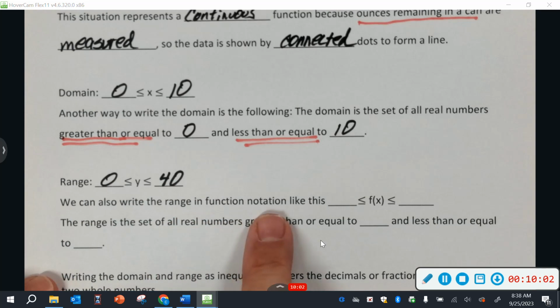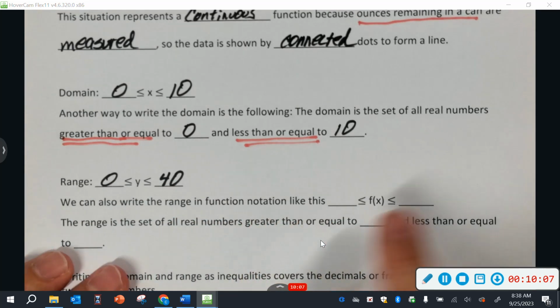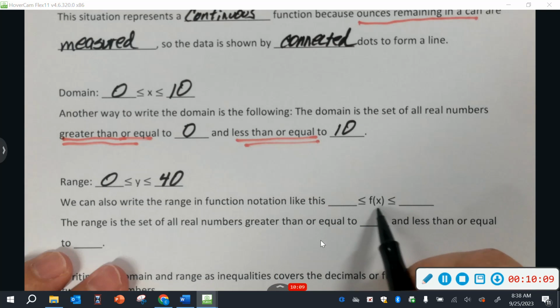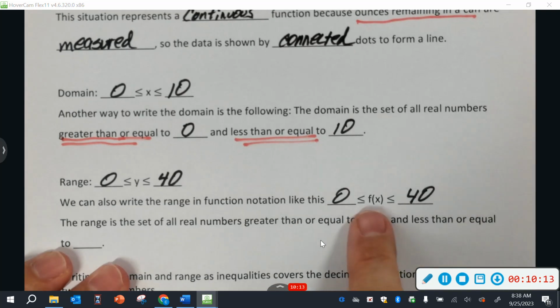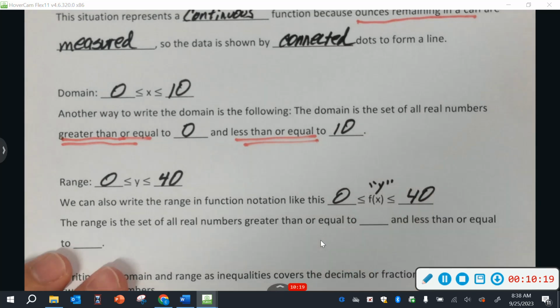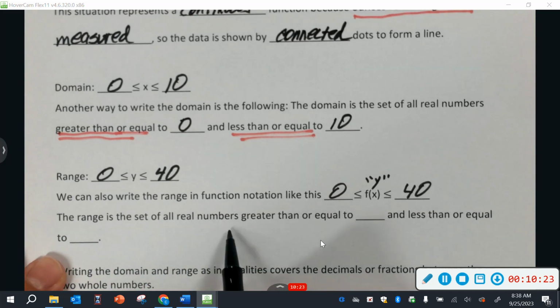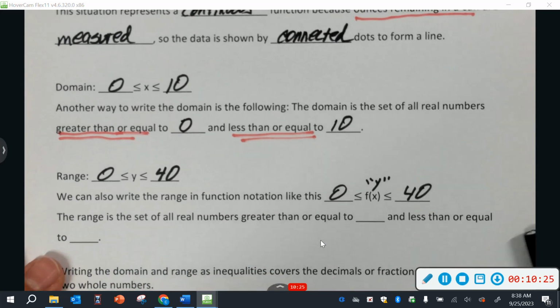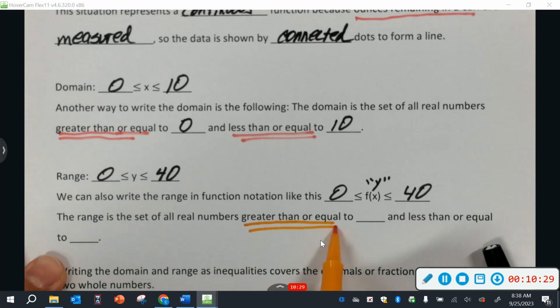So we can also write the range in function notation like this. Okay, notice we use function notation, so we'll put 0, 40. Okay, that's another way that we could write it. Where again, remember f of x is just replacing y. And so the range is the set of all real numbers greater than, okay, so again, make sure you understand this term, greater than or equal to.